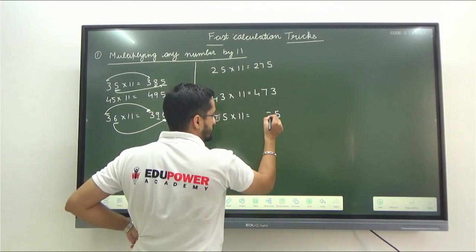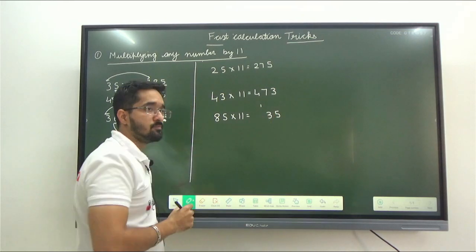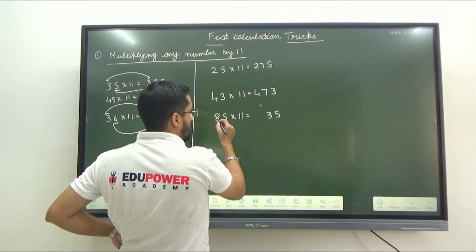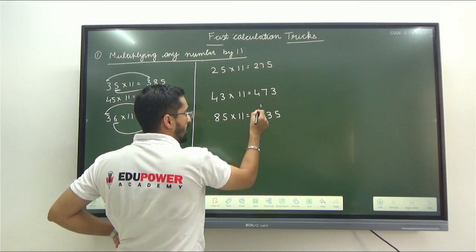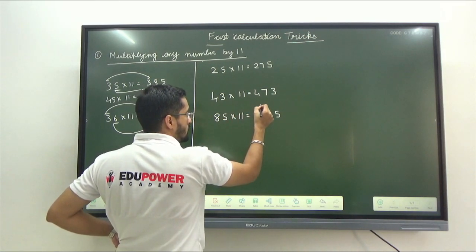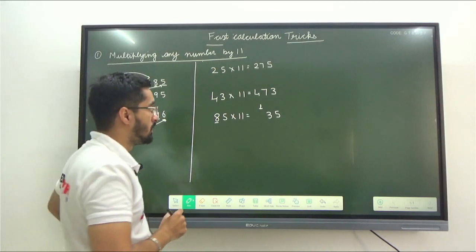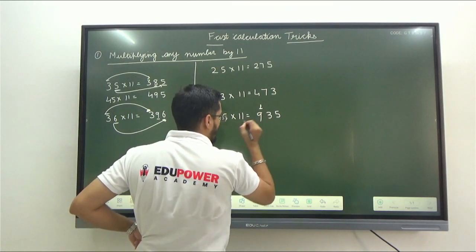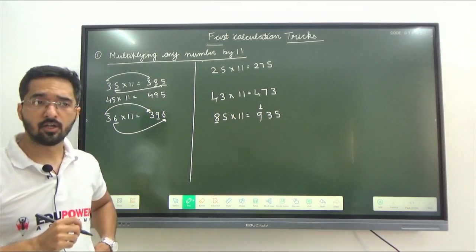In 13, 3 I am going to write here and 1 I am going to carry. Now what I have to do with this carry forward? This carry forward I have to add to the tens digit, that is 8 plus 1. 8 plus 1 is 9. So the answer of 85 into 11 is 935.